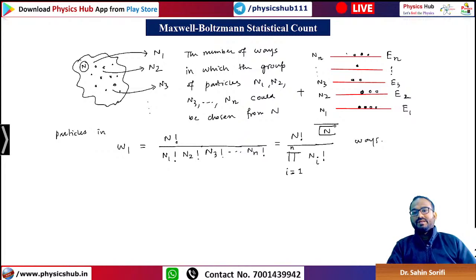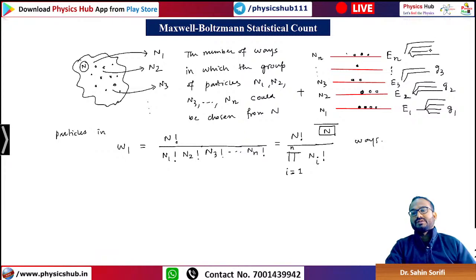Now let's say you have chosen N1 particles. Each of these levels may have multiple pockets, or multiple degeneracy. Let's say E1 has degeneracy G1, E2 has degeneracy G2, E3 has degeneracy G3, and in the same way En has degeneracy Gn.